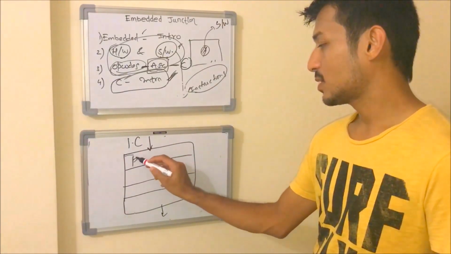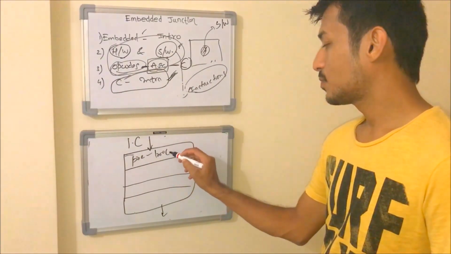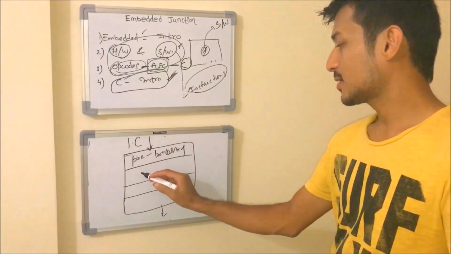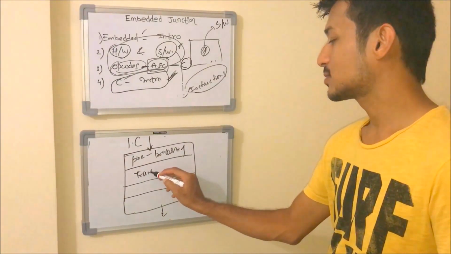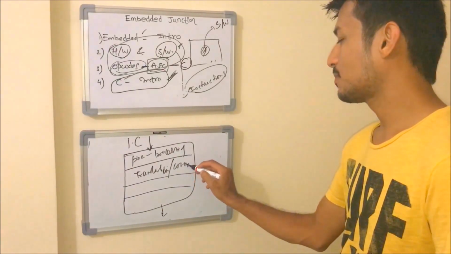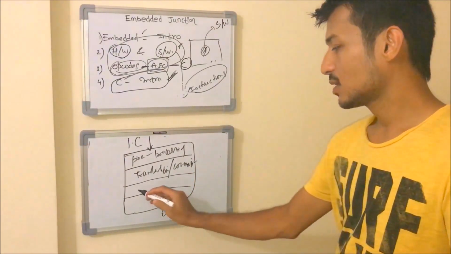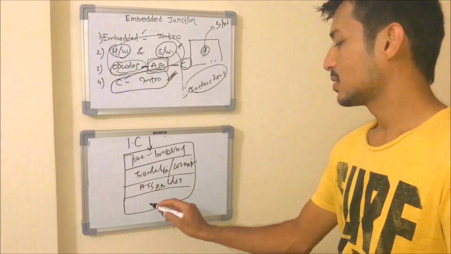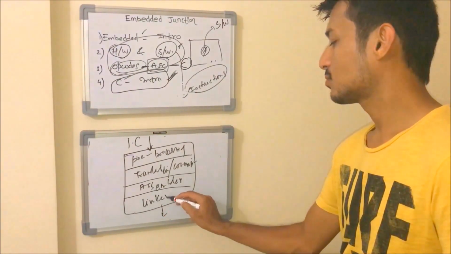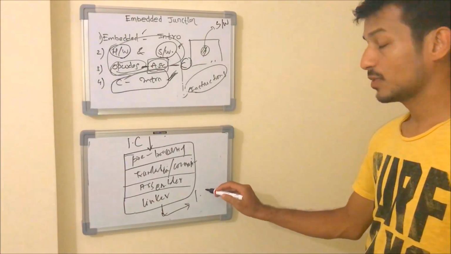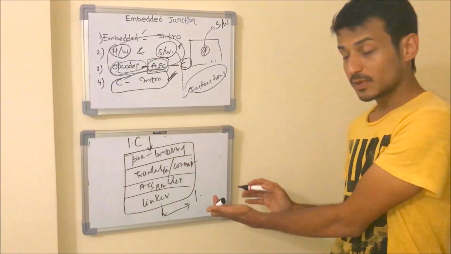So first step is the pre-processing, then next step is the translation, or sometimes we call it actually compilation also. Then we have an assembler, we have a linker, and the output of this will be very much platform dependent.